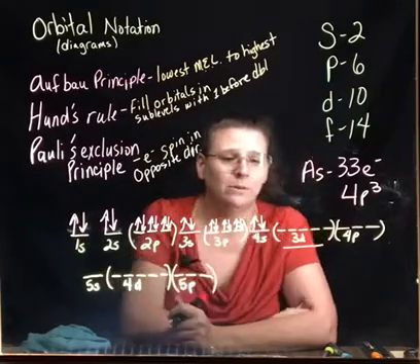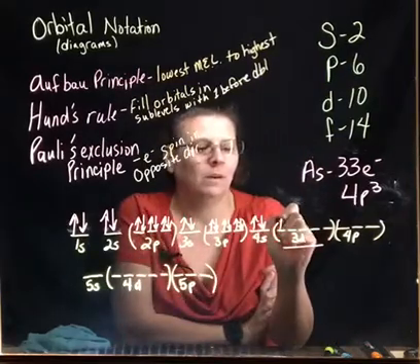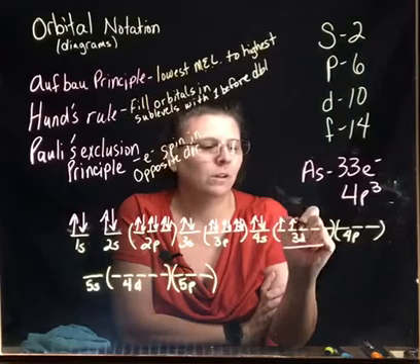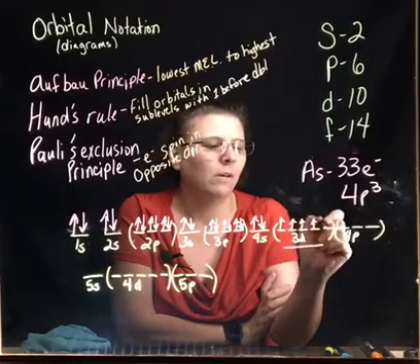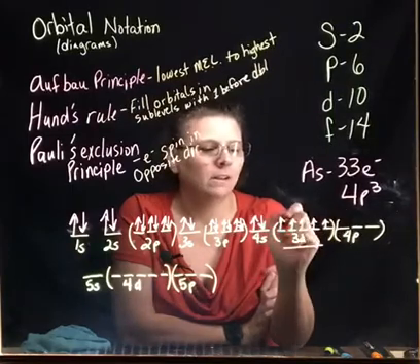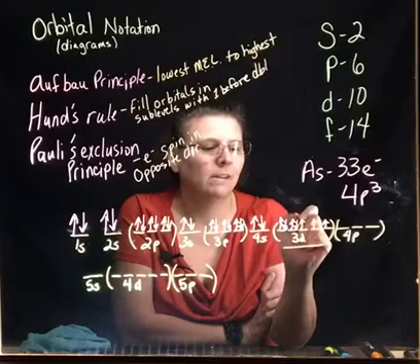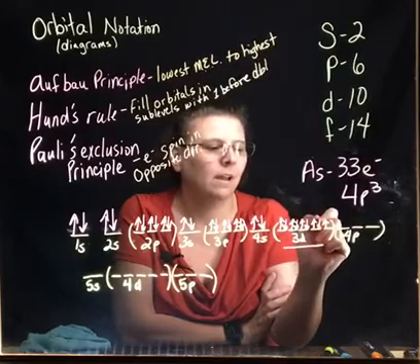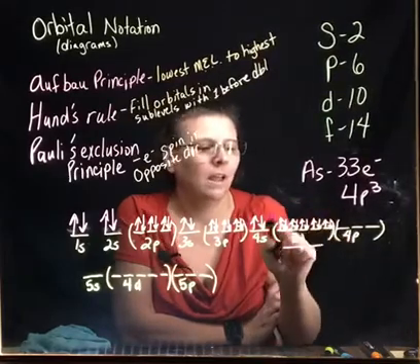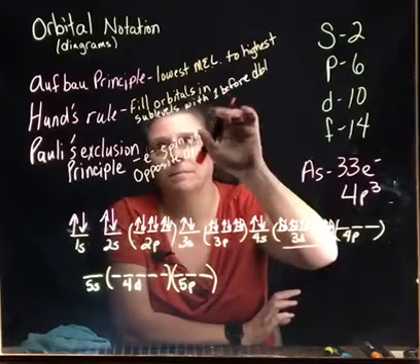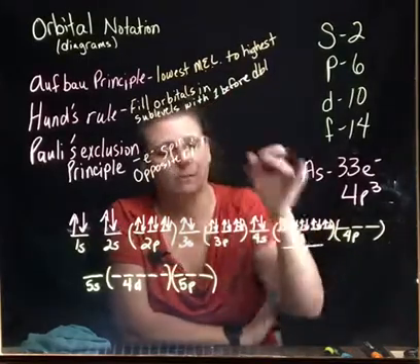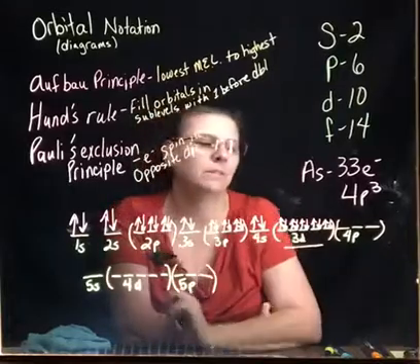We're not at 33 yet. But again, 1, 2, 3, 4, 5, 6, 7, 8, 9, 10. Everybody got one before we moved on, and they're in opposite spins.